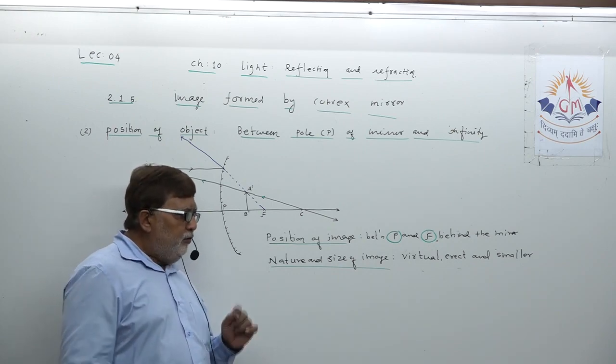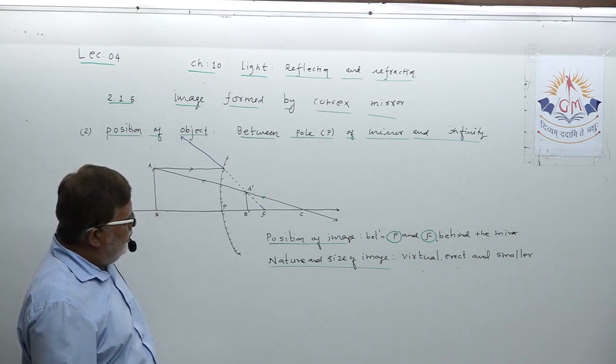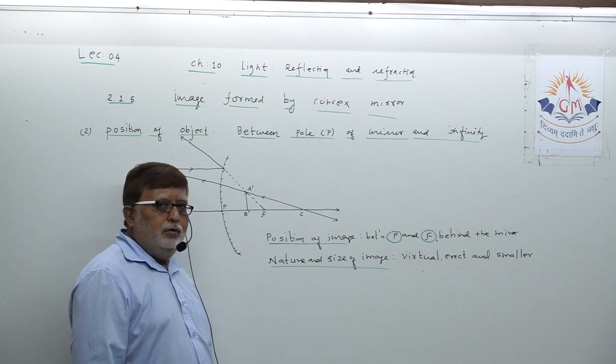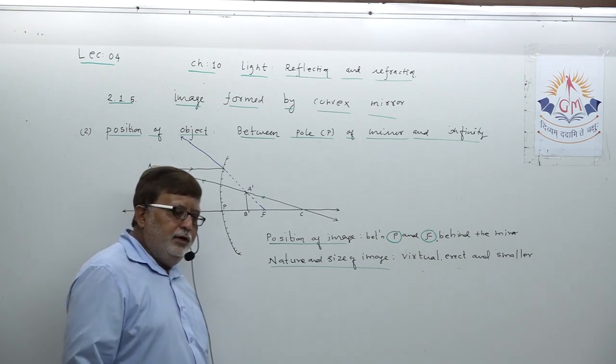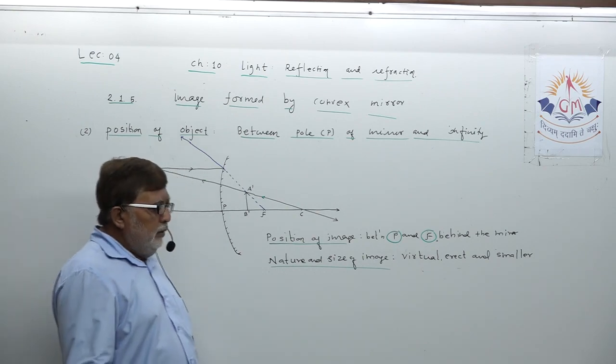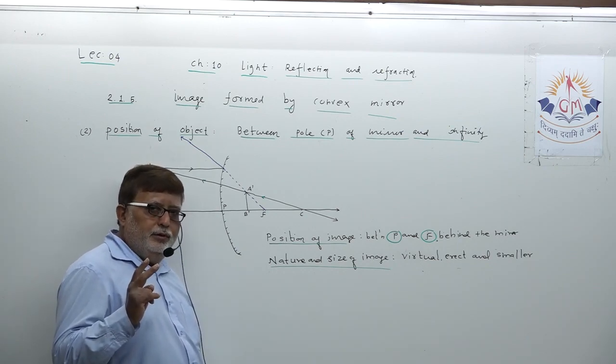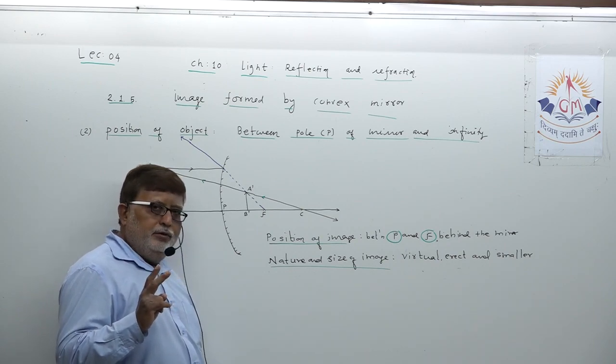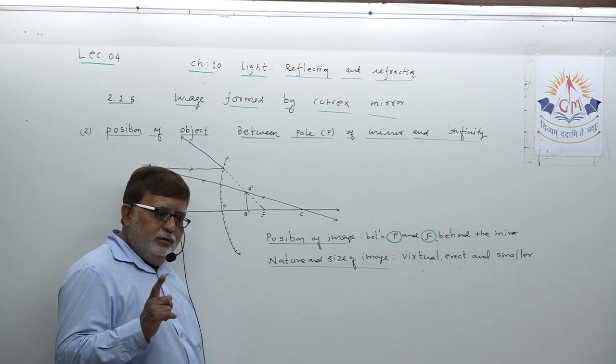So this way, dear student, with the help of a convex mirror, you are able to obtain only two types of image.